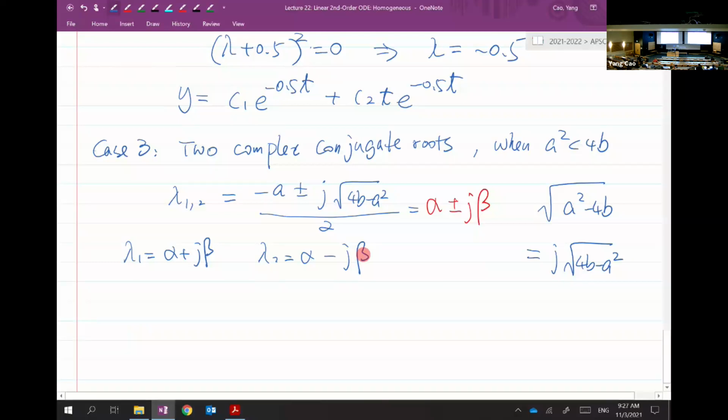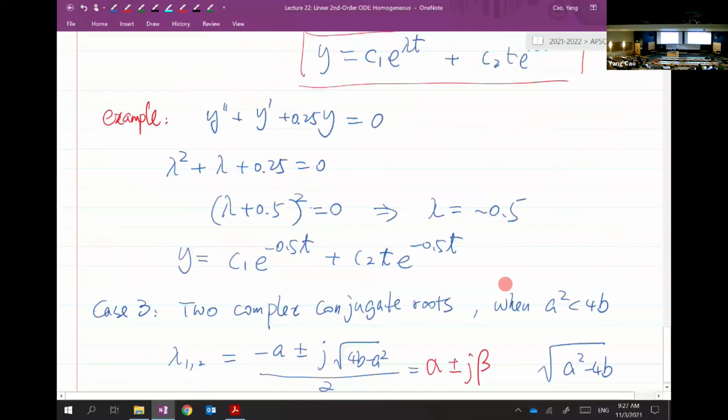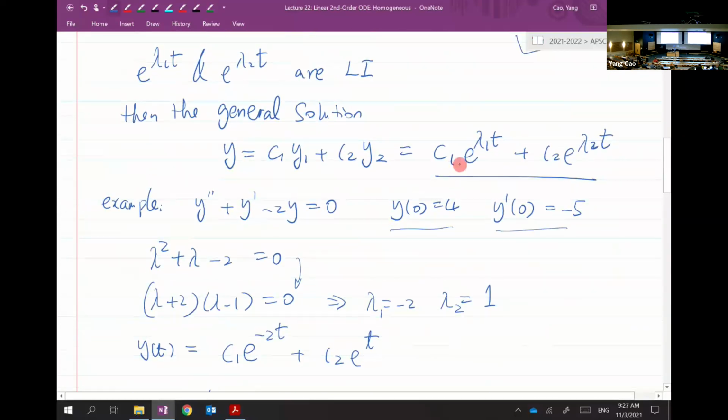So technically, remember case number 1, when you get two real distinct roots, how do we create the general solution? We create a general solution, basically y equal to c1 e to the power lambda 1t and c2 e to the power lambda 2t. Okay.